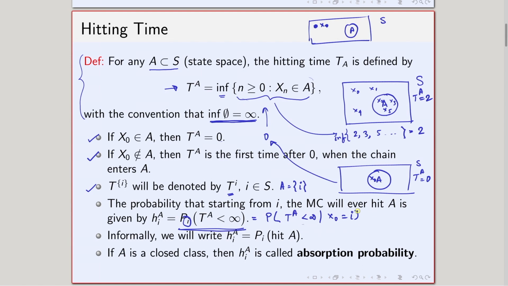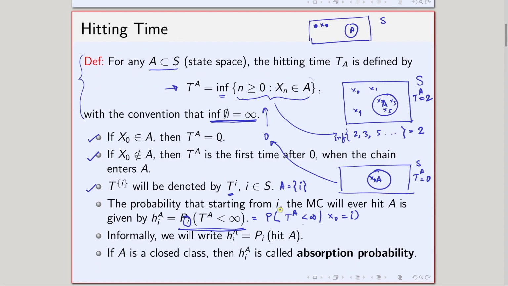This probability in many practical scenarios is very meaningful. So in this particular lecture we are going to talk about this kind of probability, and through some examples we will show how we can calculate this probability for different kinds of problems.